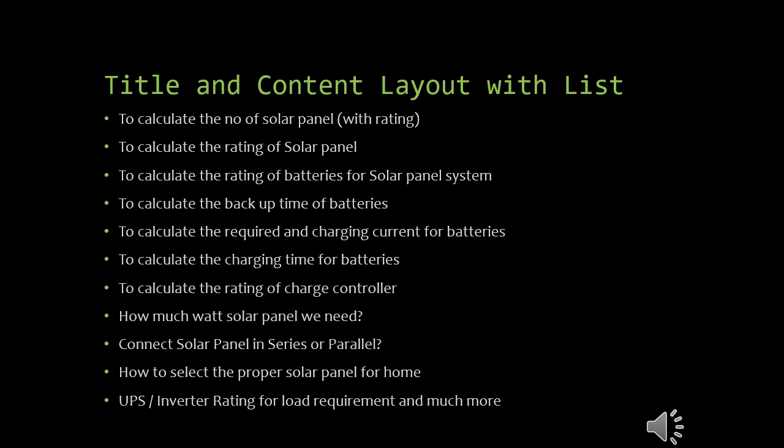To calculate the charging time for batteries. 7. To calculate the rating of charge controller. 8. To calculate what solar panel we need. 9. Connect solar panels in series or parallel. 10. How to select the proper solar panel for home. 11. UPS/inverter rating, load requirements, and much more.